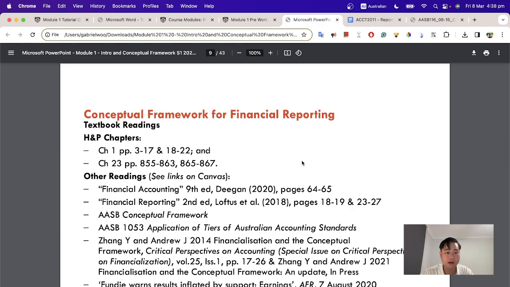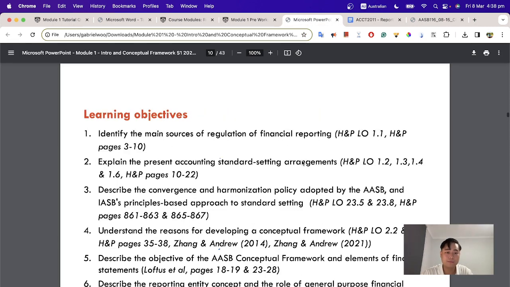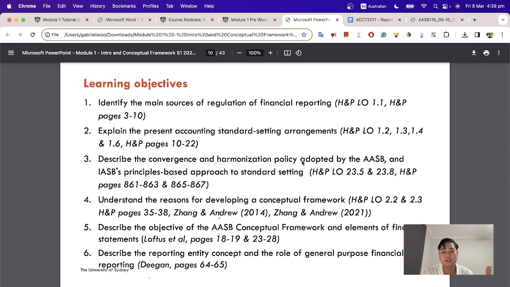interpret information. So the conceptual framework, learning objectives for this week: identify main sources of regulations for financial reporting. We're going to be talking about the AASB, and the IASB, the International Accounting Standards Board from London, who sets the IFRS, the International Financial Reporting Standards, which is used by the majority of the world except the USA.